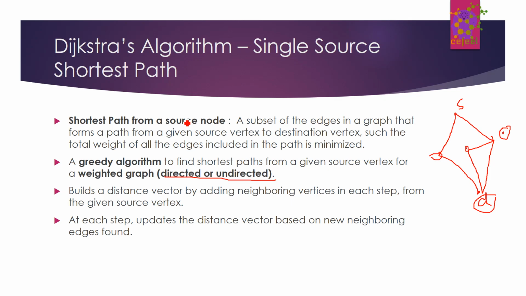And finally, when it has explored all the vertices and edges, the final distance vector that we'll have will be the final answer, or the final value of the shortest path from the given source node.